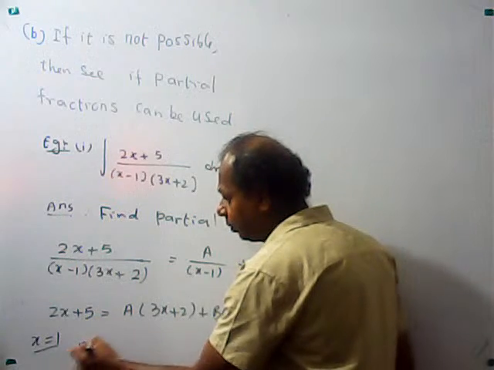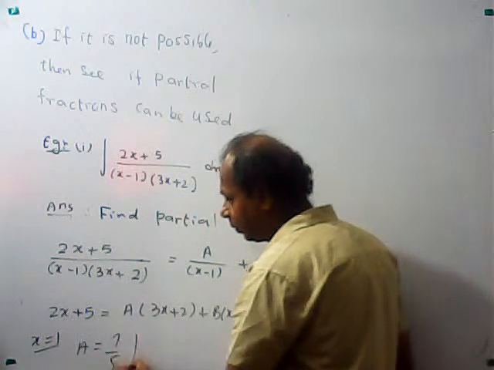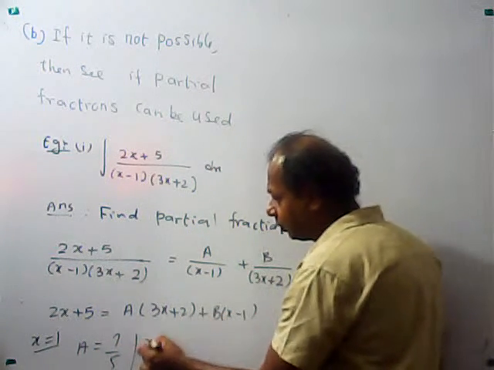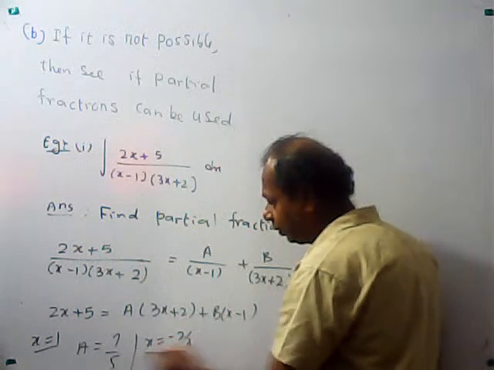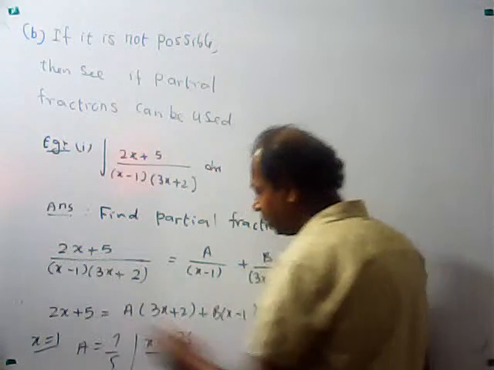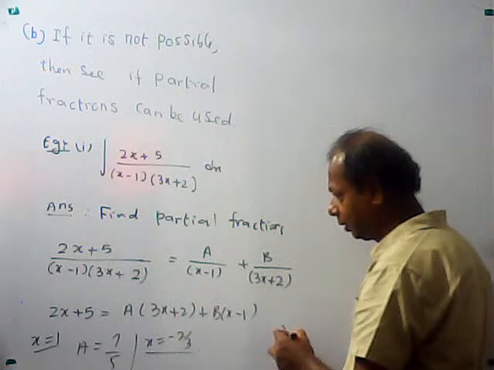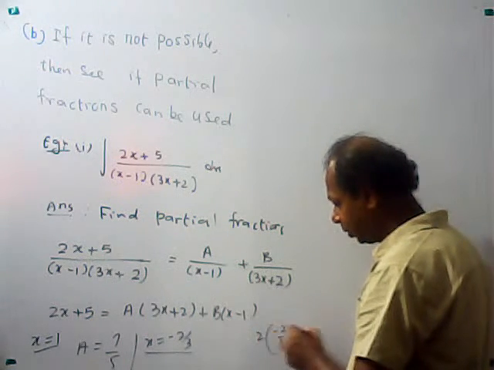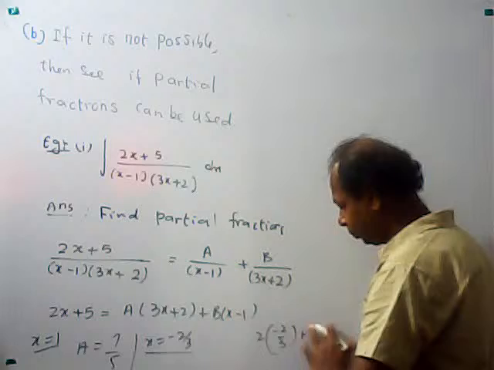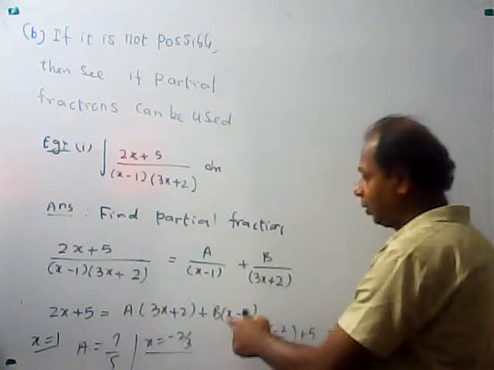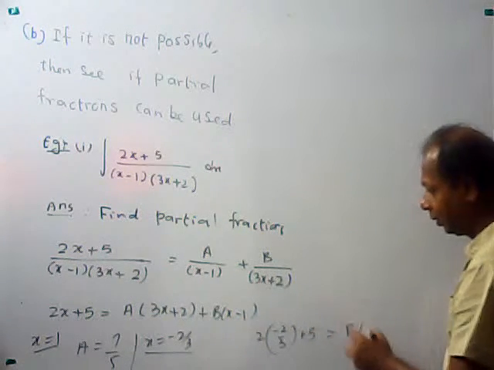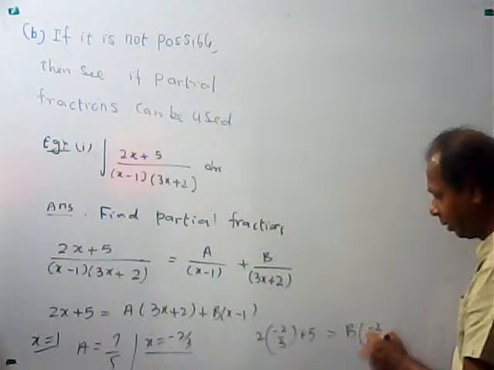A will be equal to 7 over 5. Then apply x equals minus 2 over 3. That will be minus 2 over 3 into 2 plus 5 equals B into minus 2 over 3 minus 1.